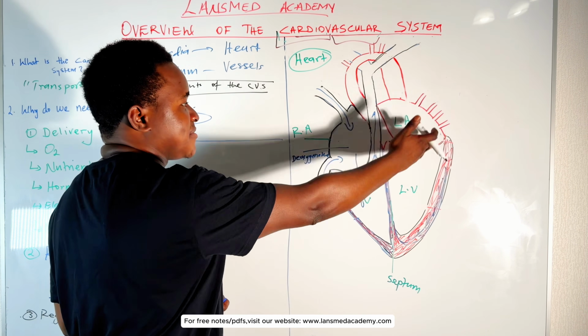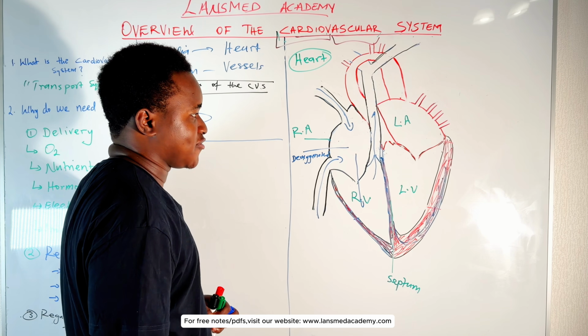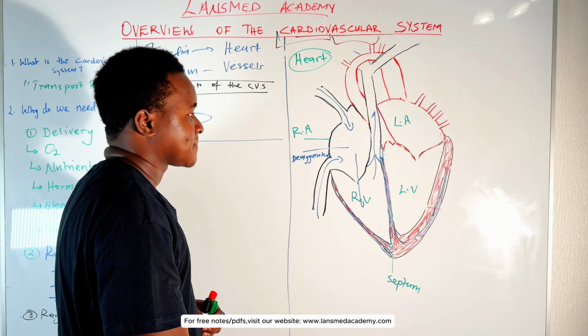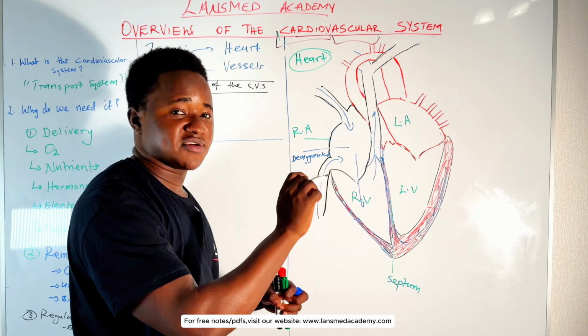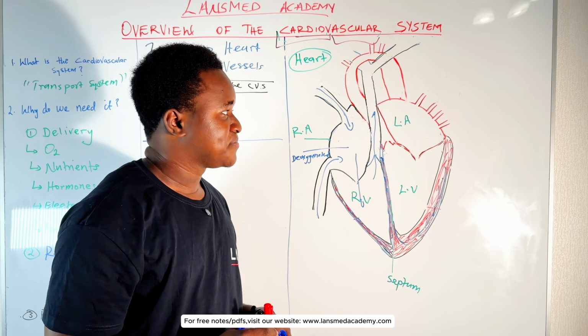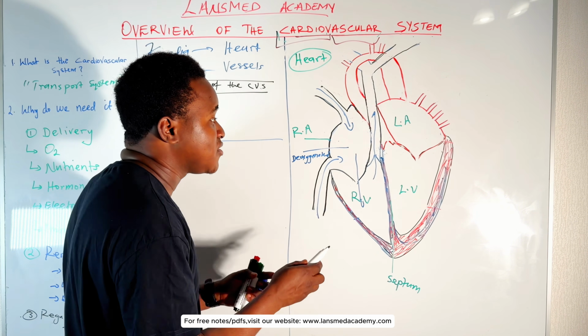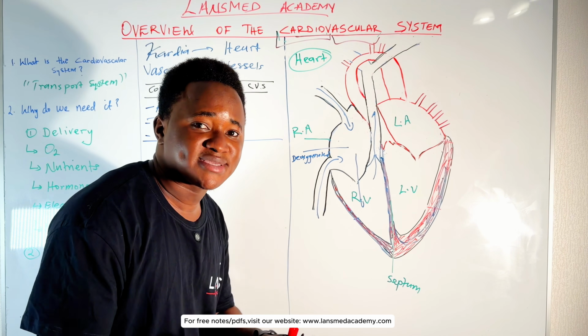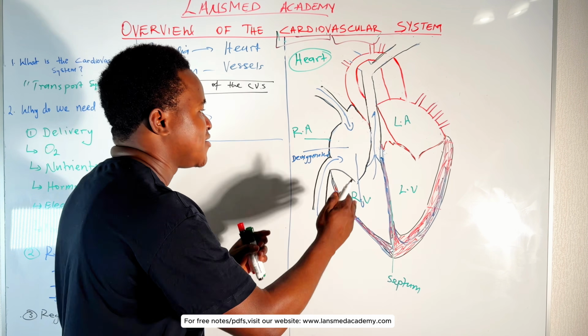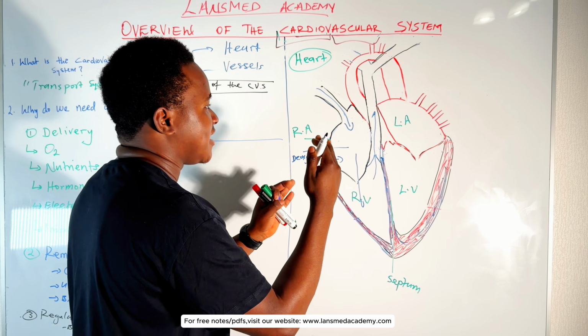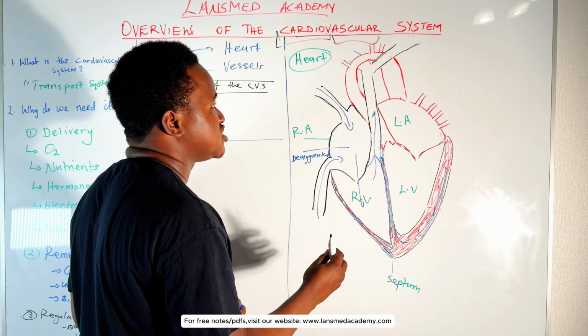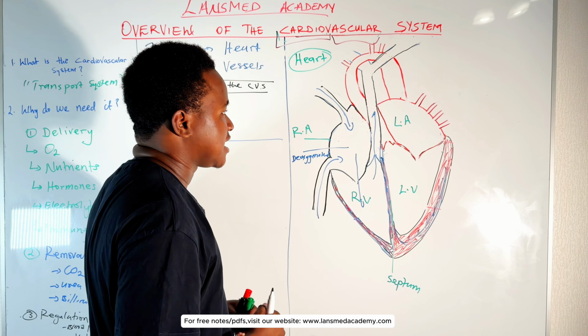Now let's come back to the left atrium and left ventricle. What do they do then? So this blood that is going to the lungs for oxygenation is going to come back to the heart. But this is a closed system, so they are going to ensure that the blood remains in the circulation. And that is why we have two separate parts that are working together to ensure that the blood remains in the circulation.